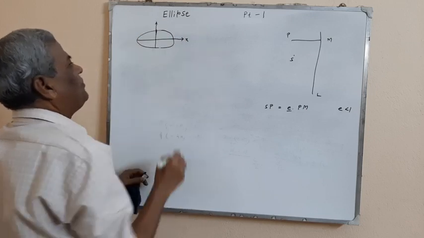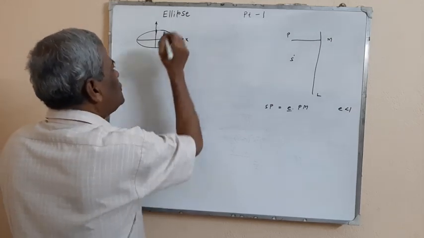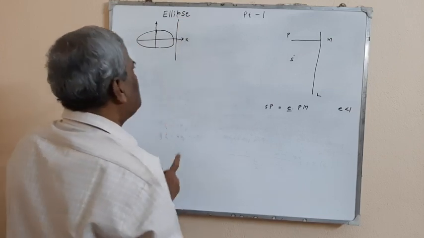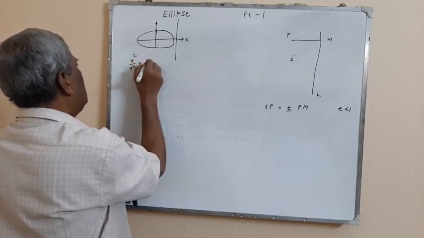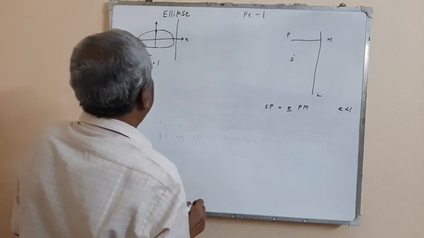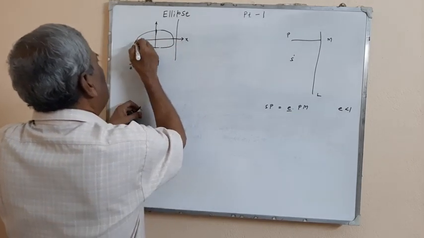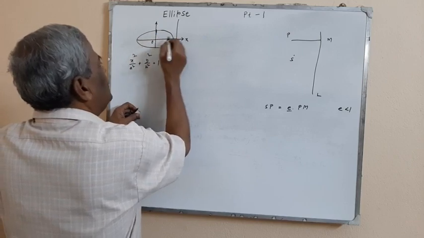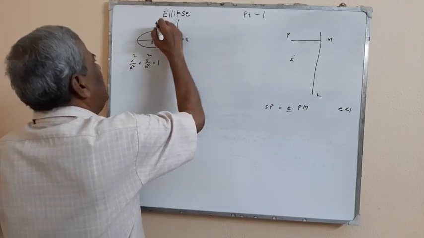For a particular selection of x-axis and y-axis, the equation of the ellipse will be x square by a square plus y square by b square is equal to 1. So A is from the origin to the point A. OA is A, OB is B.